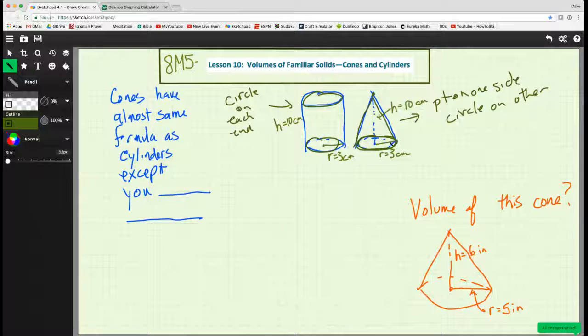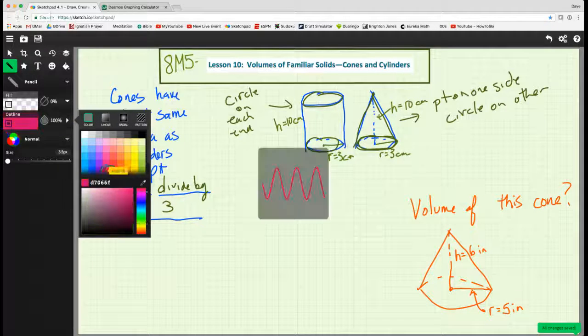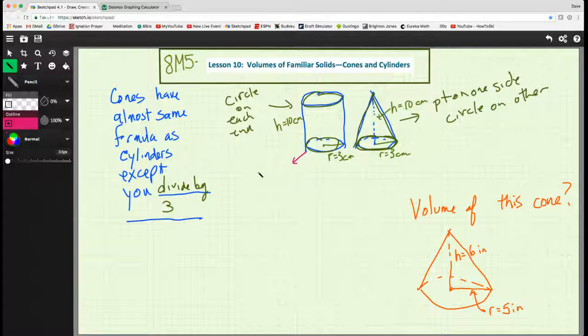Now, cones have almost the same formula as cylinders, except you divide by 3. Okay, so let's look at that real quick. So remember, the formula for the volume of a cylinder is pi r squared h.